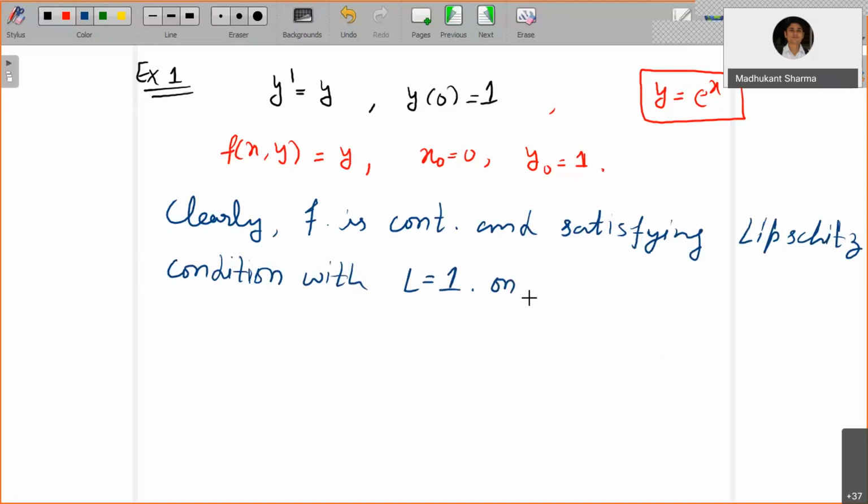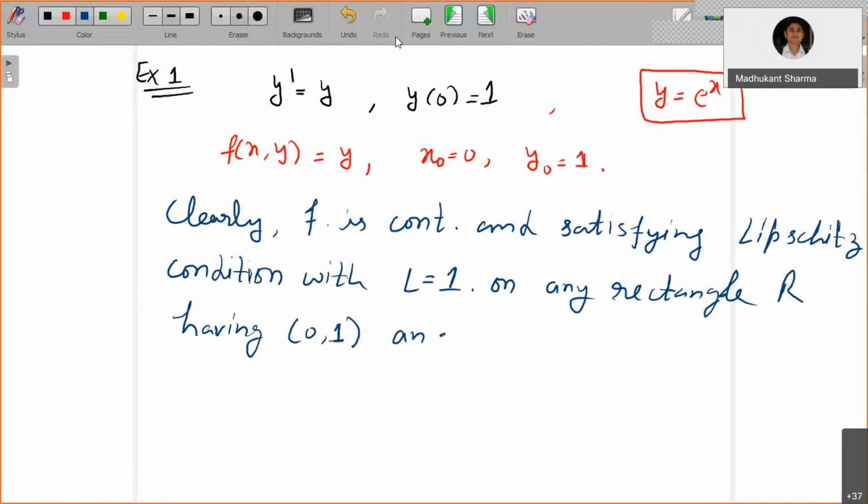On, we have to give a rectangle. So on any rectangle R having 0, 1 as an interior point, not the boundary point, interior point.